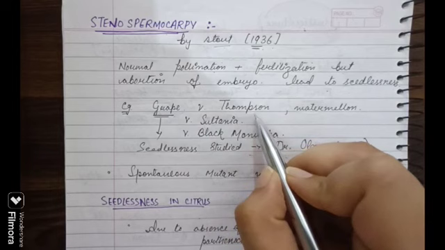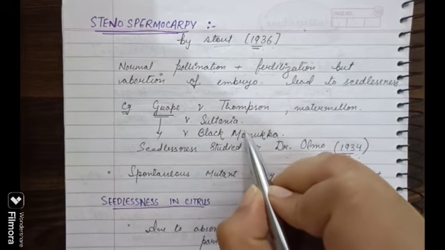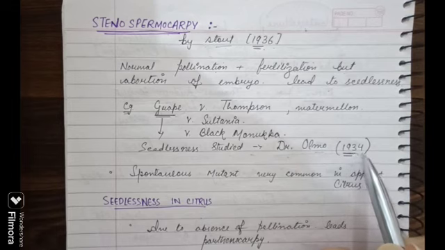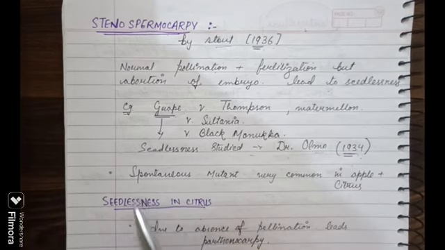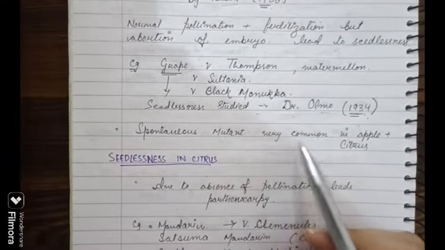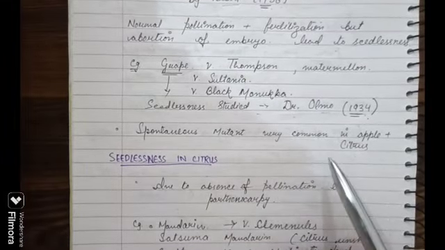In grapes, varieties like Thompson Seedless, Sultania, and Black Monica. Seedlessness in grapes was first studied by Dr. Olmo in 1934, and spontaneous mutant is very common in apple and citrus.